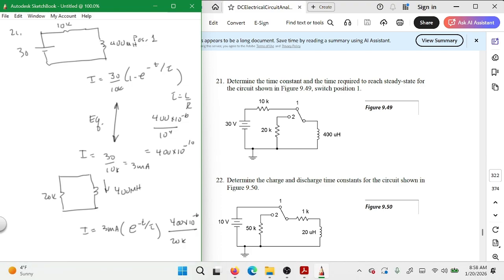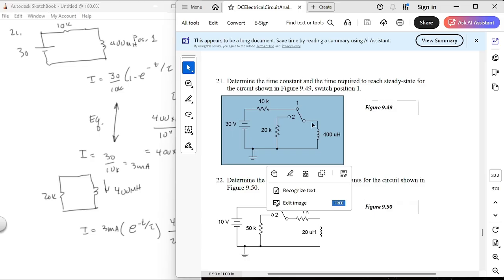Bigger resistance, so it's faster. So it's going to charge up. It's going to charge up faster. No, excuse me, it's going to charge up slower, and then it's going to decay faster, because why? Because of this R in the denominator. The R being bigger, it's going to go down faster, okay?